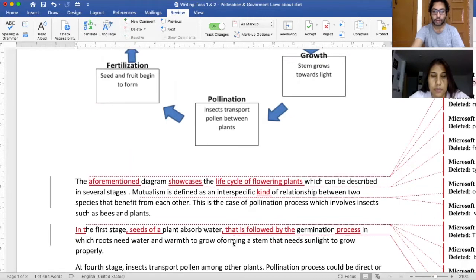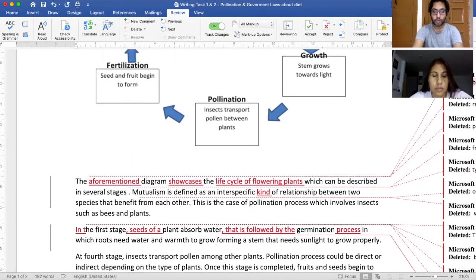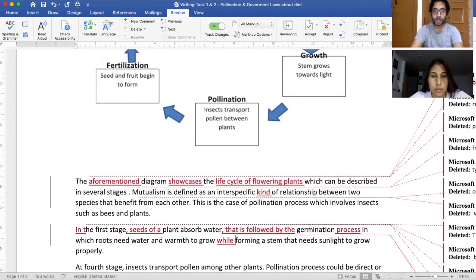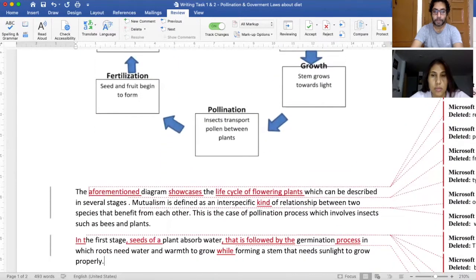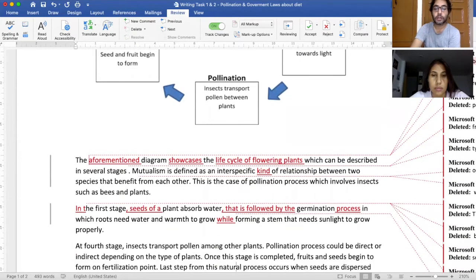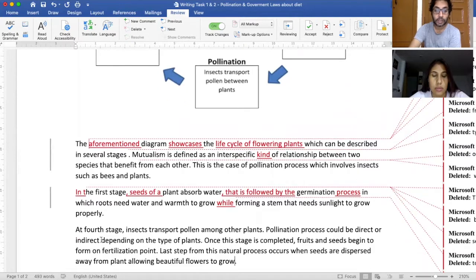Okay. By forming a stem that needs sunlight to grow properly. At the first stage, after that it's the fourth stage.